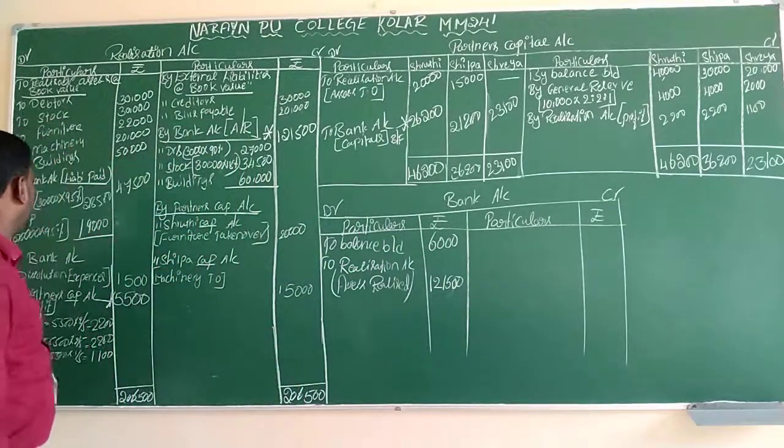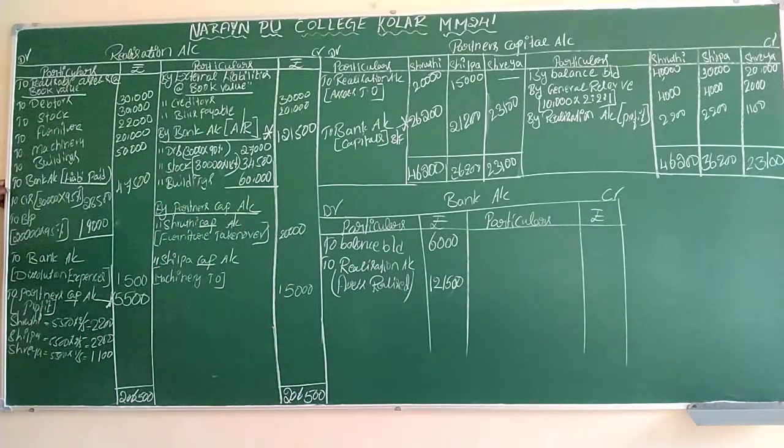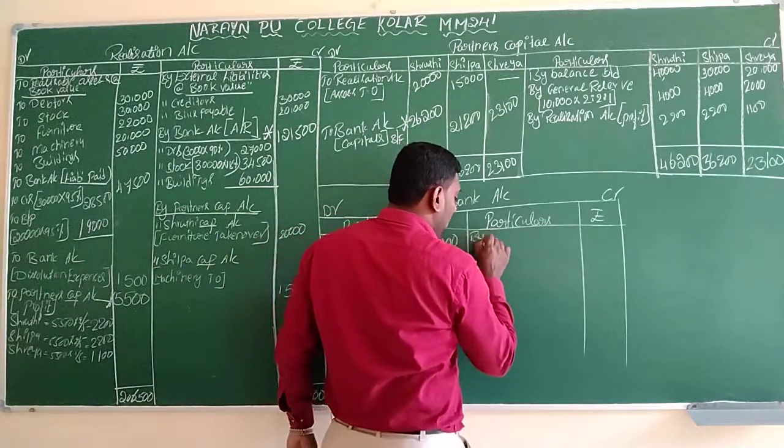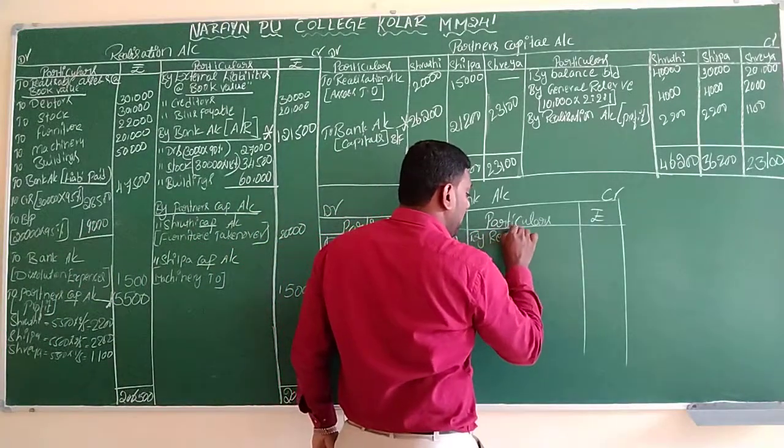So step number 3. Step number 4, again we use the term bank account. Which side is there? Debit side. In the next one, credit side will come. We will write by realization account.